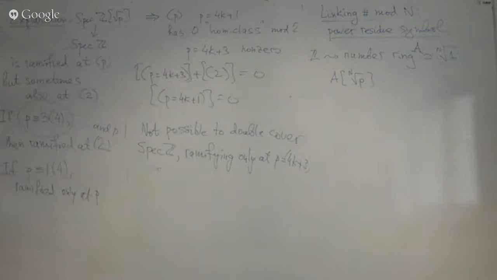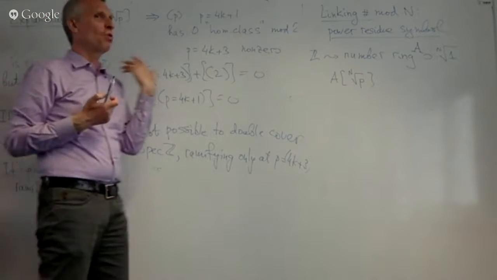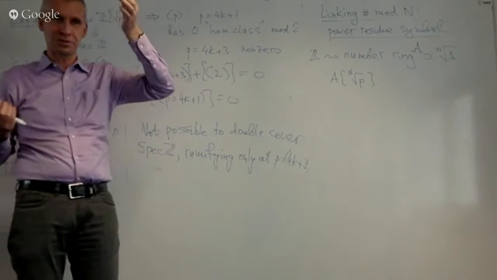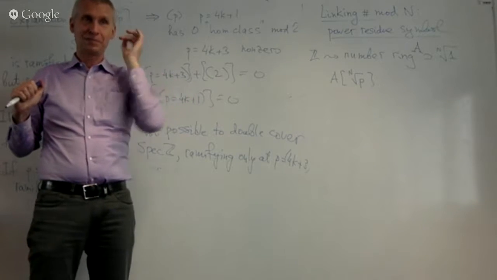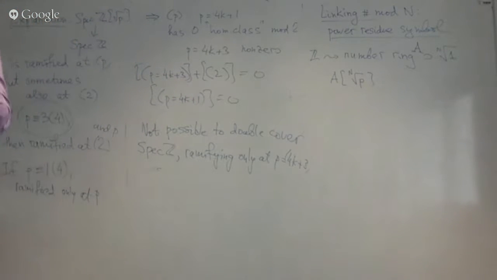For Z, it would be awkward because if you take nth roots over Z, we won't get a Galois extension. What will be the deck transformation? It won't be an element of the Galois group, because there is no Galois group.